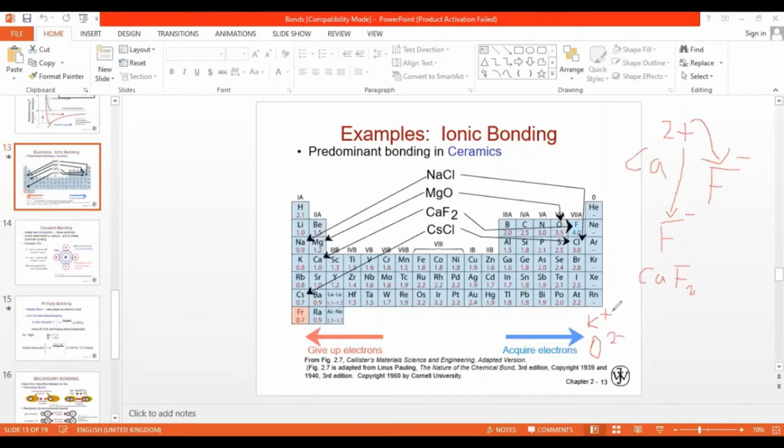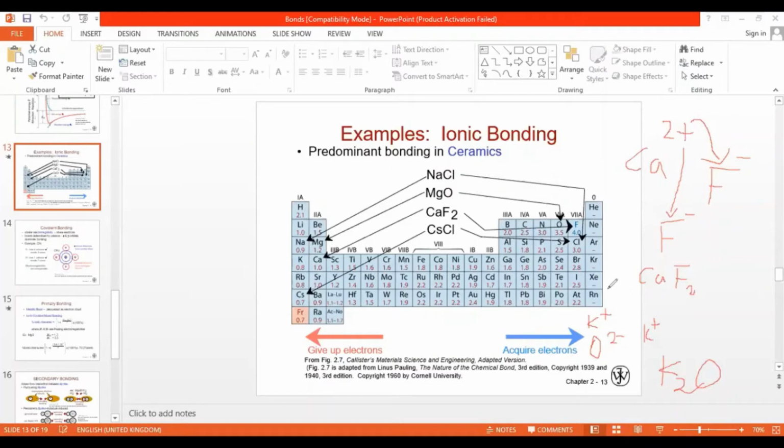So this potassium is not enough to supply enough electrons for this O, because it can supply only 1 electron. So what will happen? Another potassium will come to supply the other electron to this O. So now we have 2 potassium and 1 oxygen.